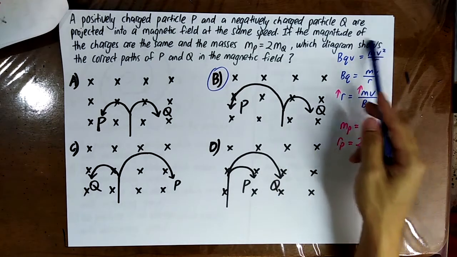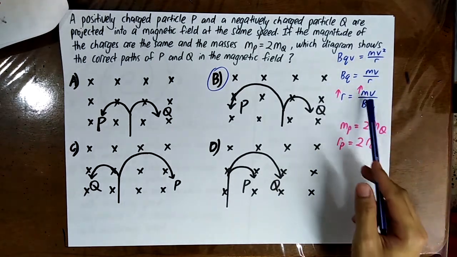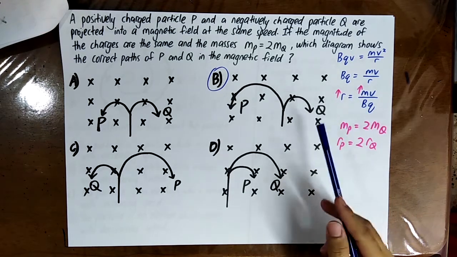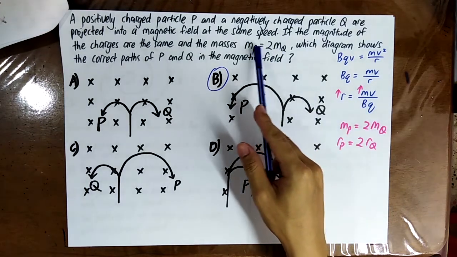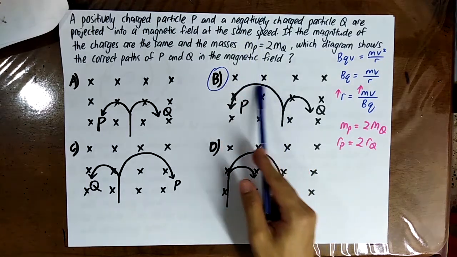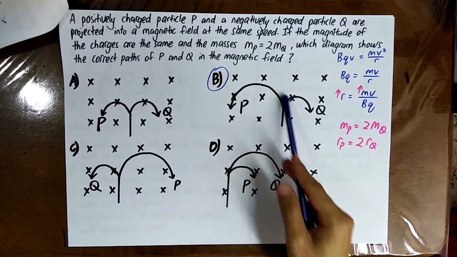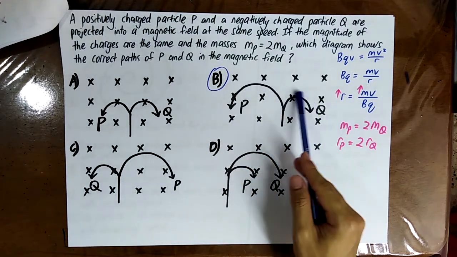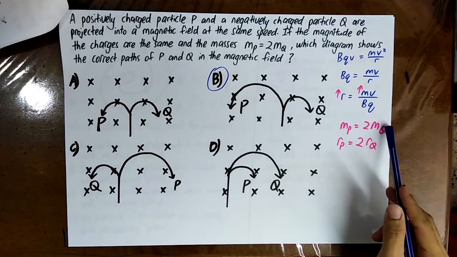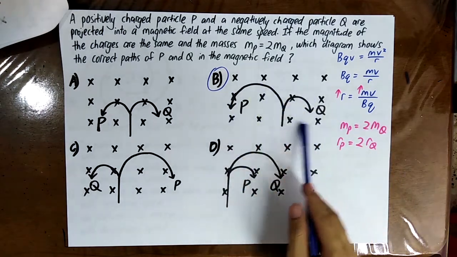From this expression, you know that the higher the mass, the larger the radius. So when the mass of P is very large, the radius of P should be very large compared to the radius of Q. If mP equal to 2mQ, then rP equal to 2rQ.